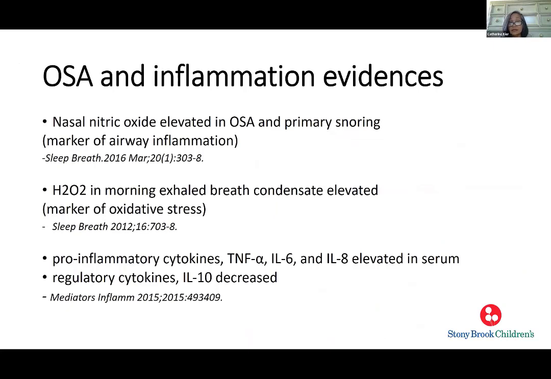And there is indeed evidence of inflammation in OSA. You can see that they were able to measure nasal nitric oxide, hydrogen peroxide in exhaled breath condensates, and a number of pro-inflammatory cytokines. Even C-reactive protein is found to be increased in the OSA population, specifically those with neurocognitive deficits.